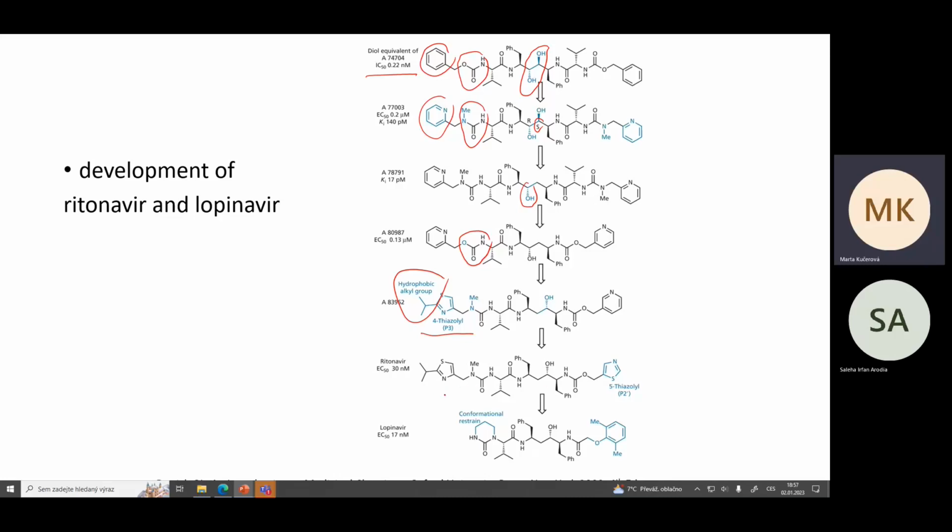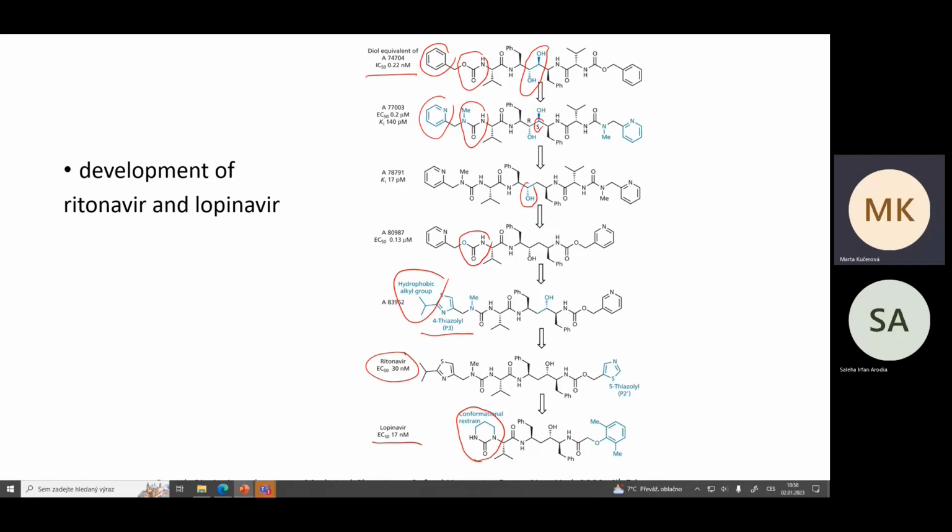This optimization with the thiazole moieties produced ritonavir with an effective concentration of 30 nanomolar, and by putting some conformational restraint into the moiety, so that the urea moiety is bound within a cycle to restrain some movement and too many rotamers or conformers, lopinavir was produced with EC50 of 70 nanomolar.